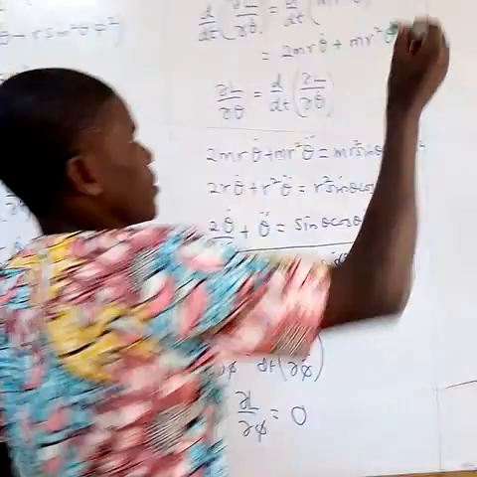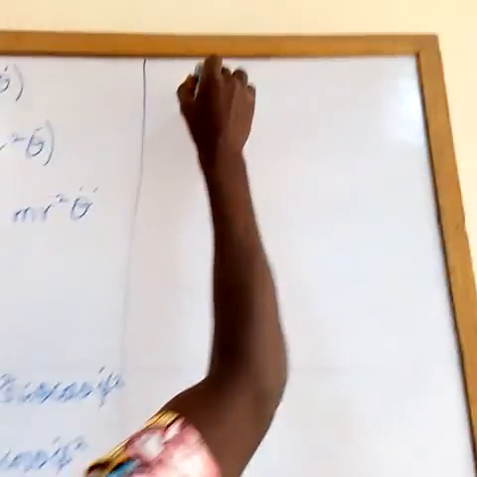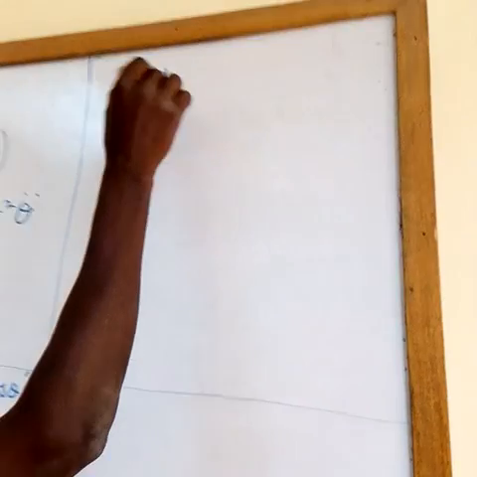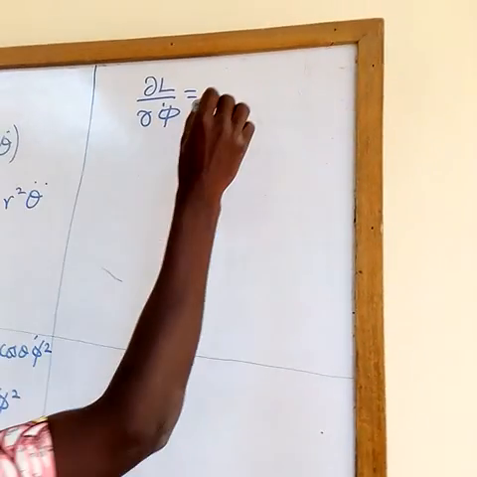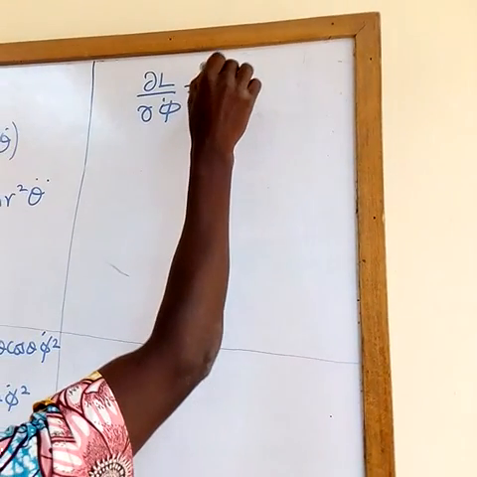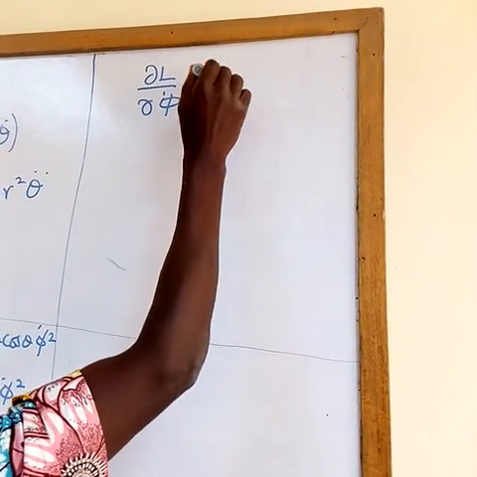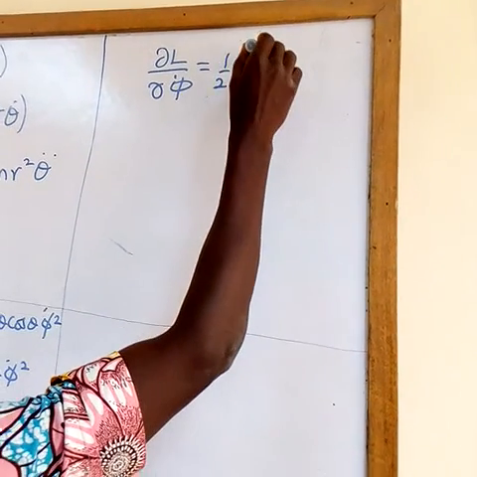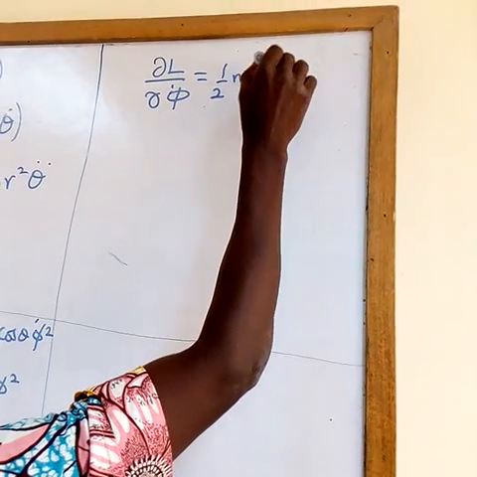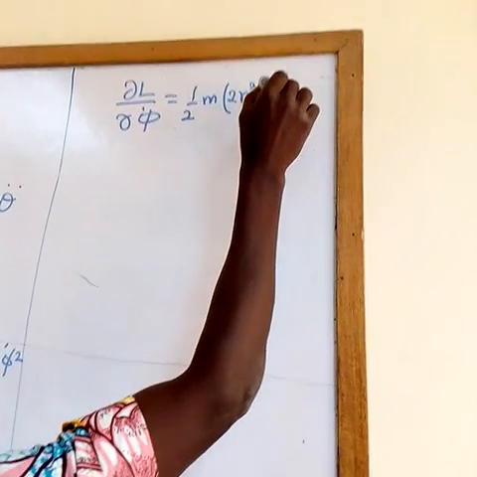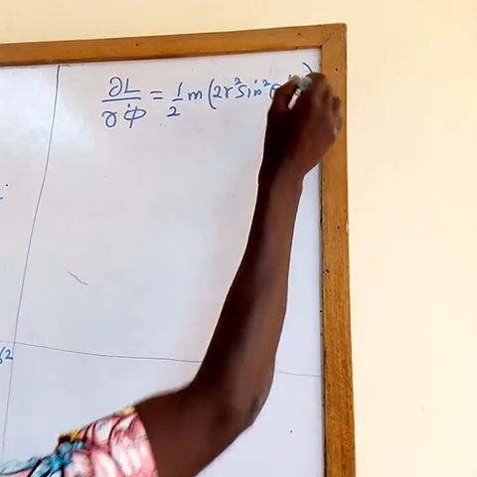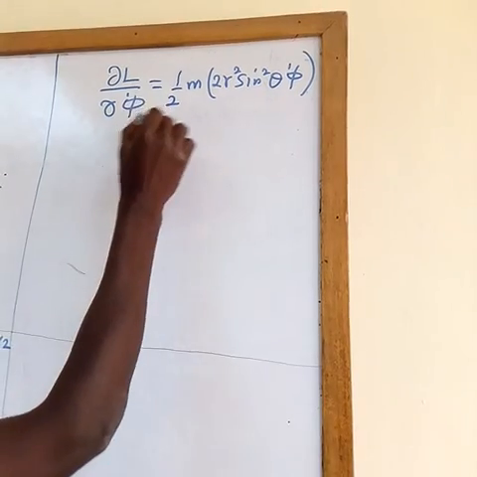So what about phi dot? Partial of L by partial of phi dot will eventually give us 1/2 m into bracket 2 r squared sine squared theta phi dot. From here we can easily cancel the 2.